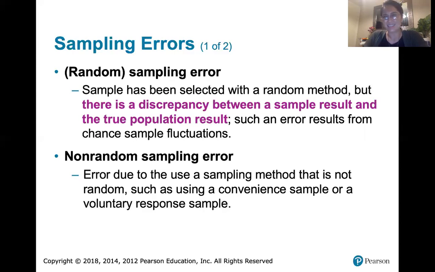That's not necessarily the percentage of people that are voting in the country that would favor the person at that time. There's going to be some error there because it's based on a subset of the entire population that may vote or that would vote on that day, but it doesn't give us data for everyone. If it gave us data for everyone, then it wouldn't be a sample, and it would be accurate.